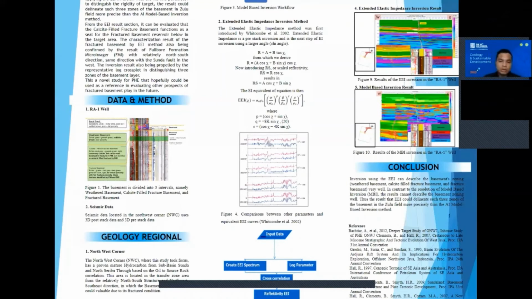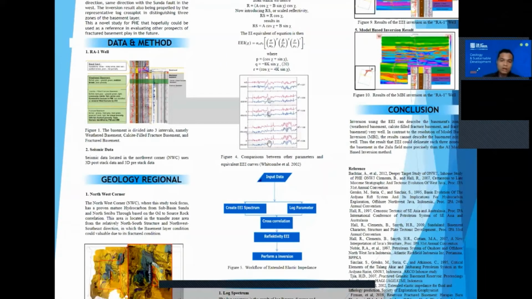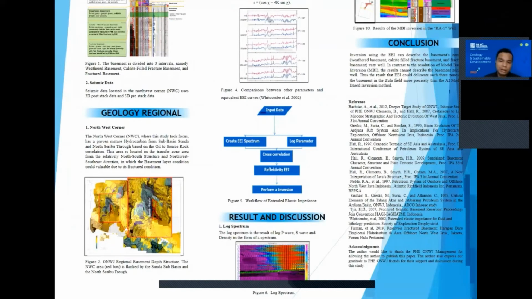We can see in this figure the workflow of extended elastic impedance. First we prepare the seismic data, using pre-stack data. From the gathers, we produce the intercept and gradient, and we also prepare the well, which should have the S wave.